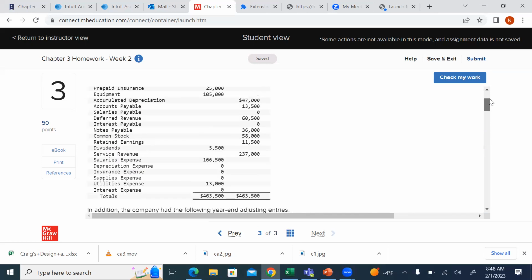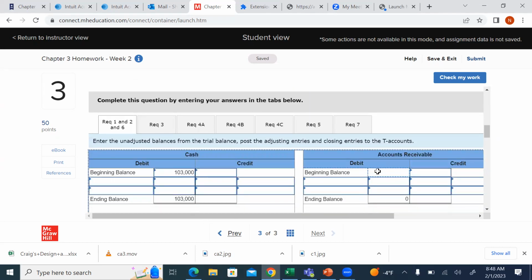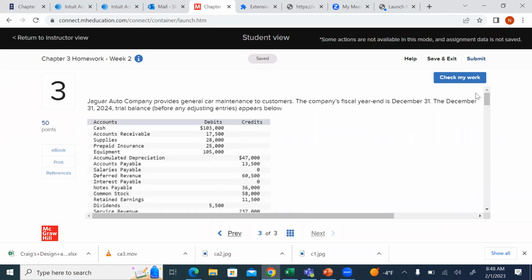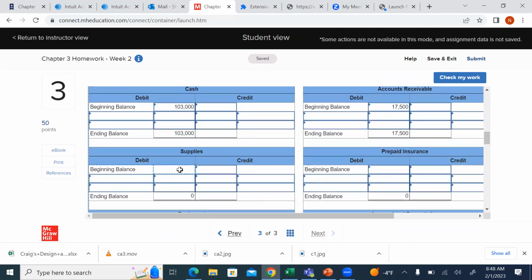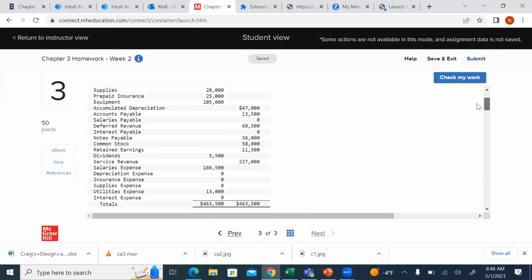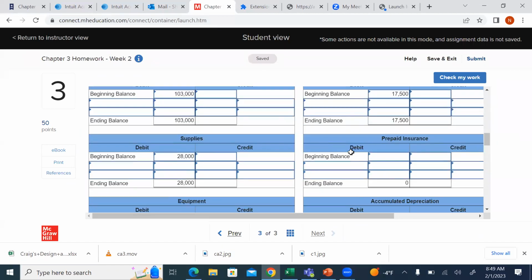The next accounts receivable, the balance is 17.5. Next, supplies, 28,000. Next, prepaid insurance, 25,000.